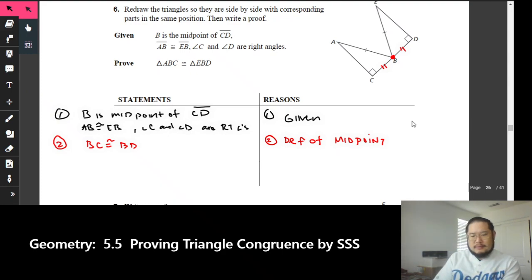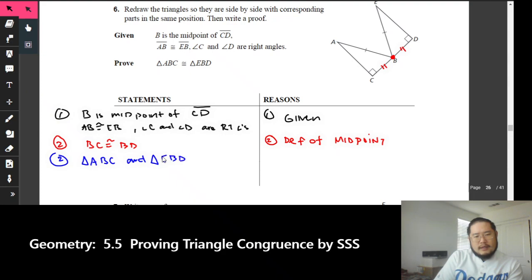All right, let's see. Remember in the diagram, or actually in what's in the given, it says that angle C and angle D are right angles. So what we could say right here is that triangle ABC and triangle EBD, since they are both congruent, and if you look right there, they said they're right angles.